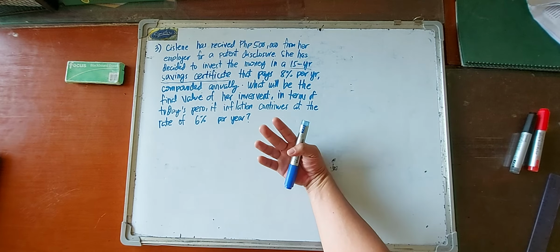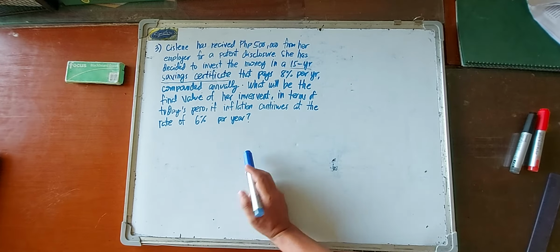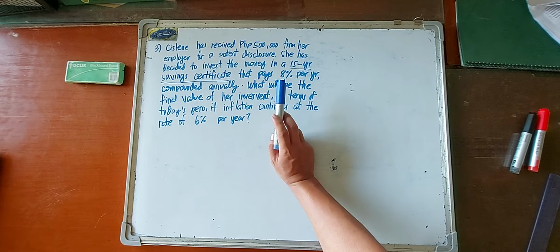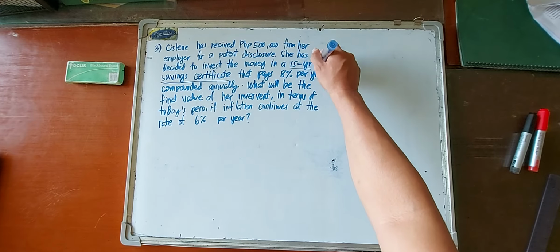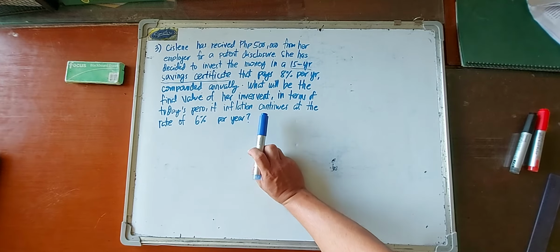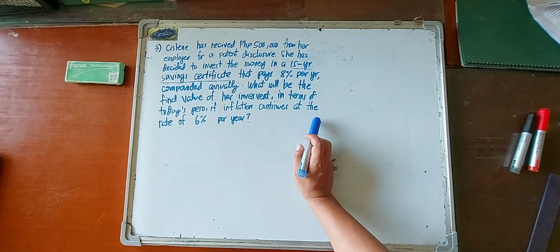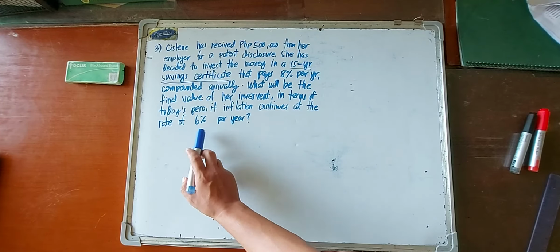So kumikita ng 8% per year compounded annually. So we're going to compute for the value of her investment after 15 years, kasi 15 years yung saving certificate, in terms of today's peso. If we need to consider the effect of inflation na 6% per year.